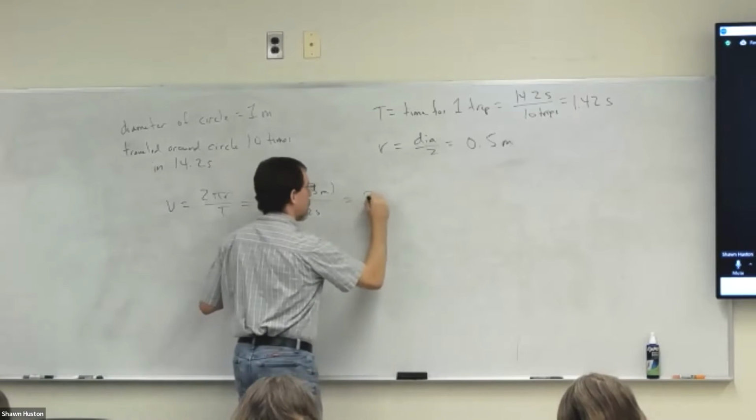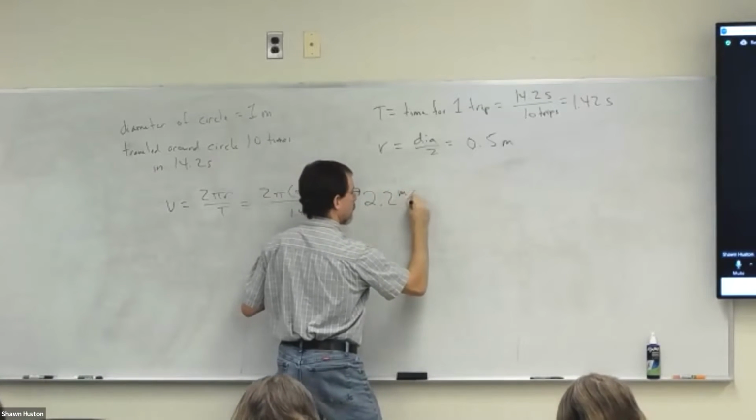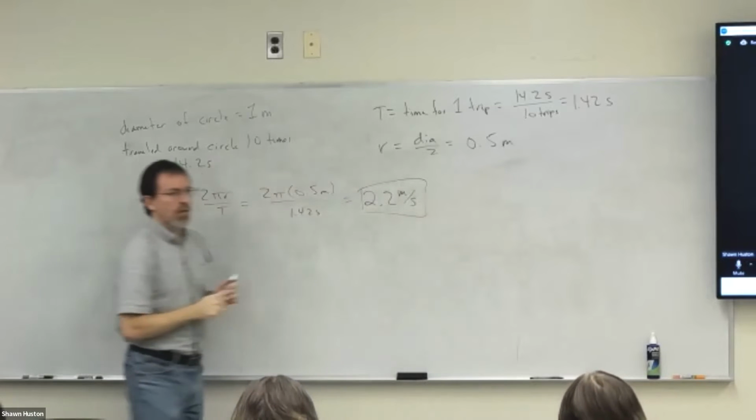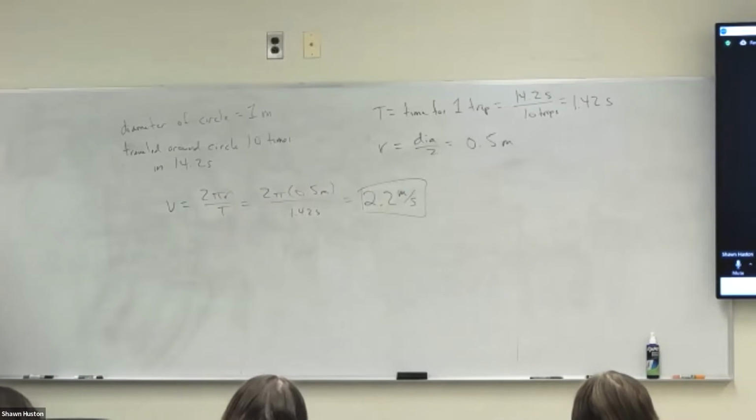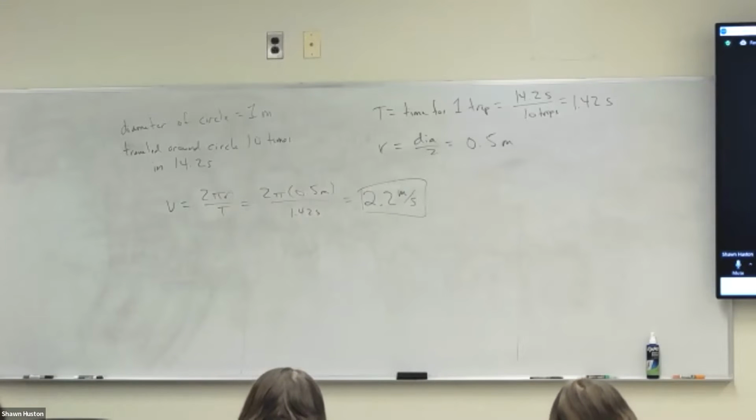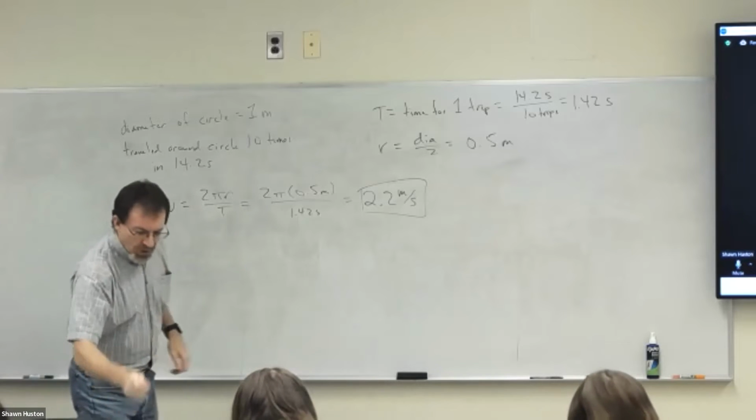I got a speed of about 2.2 meters per second. That's what I got. You guys agree with me? You all good? All right. So there's my little first example of uniform circular motion.